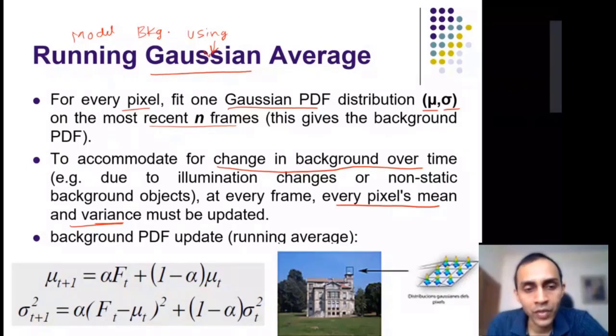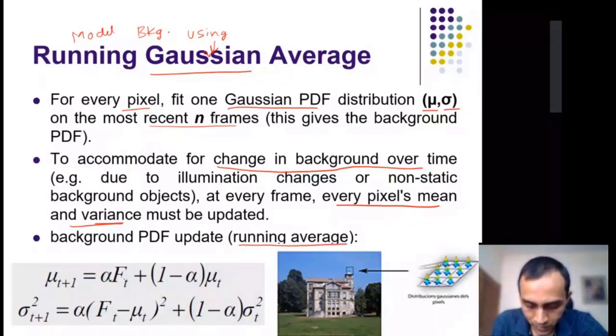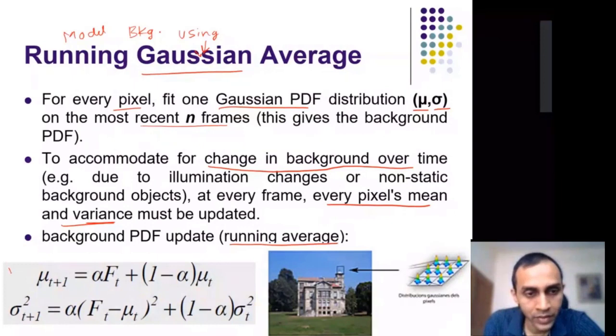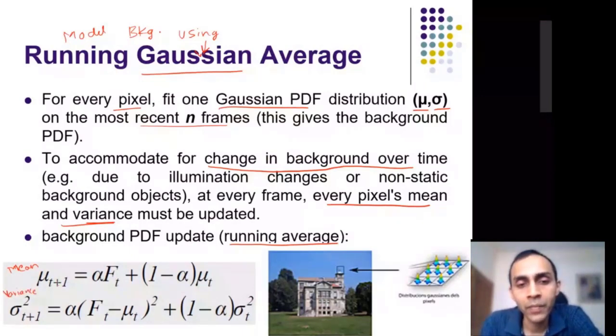The equation for updating our mean and variance at time t plus 1, that is the next frame, is shown here. The updated mean value will be a function of the previous mean value, that means the mean value observed till time t, and the current frame value at time t.